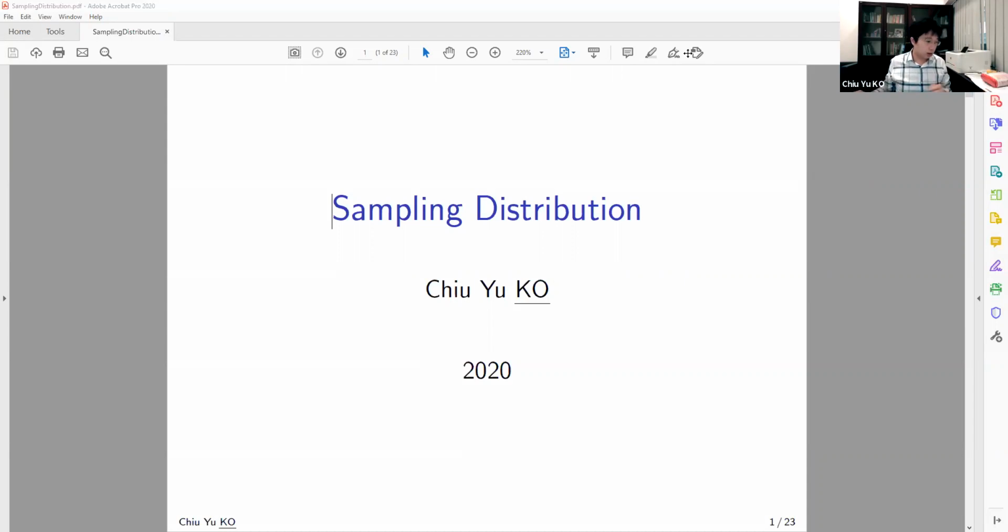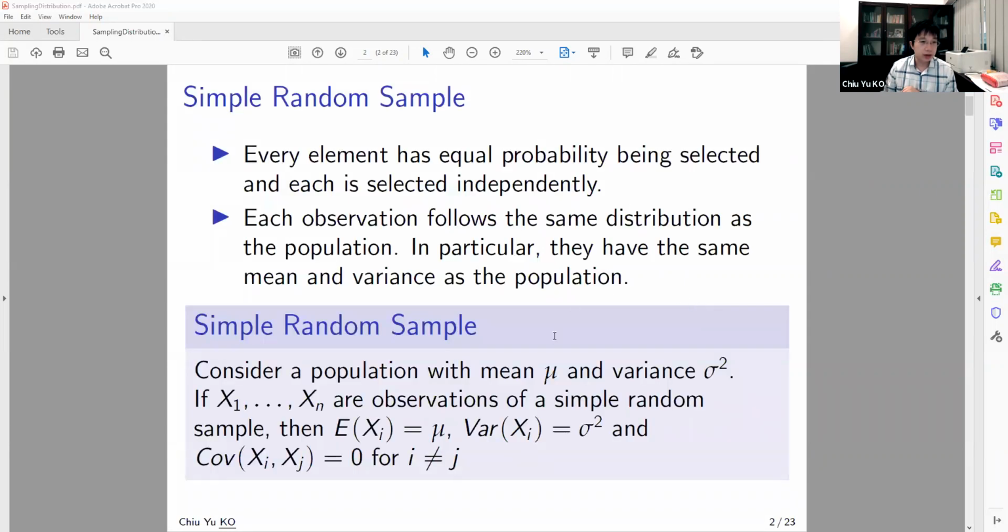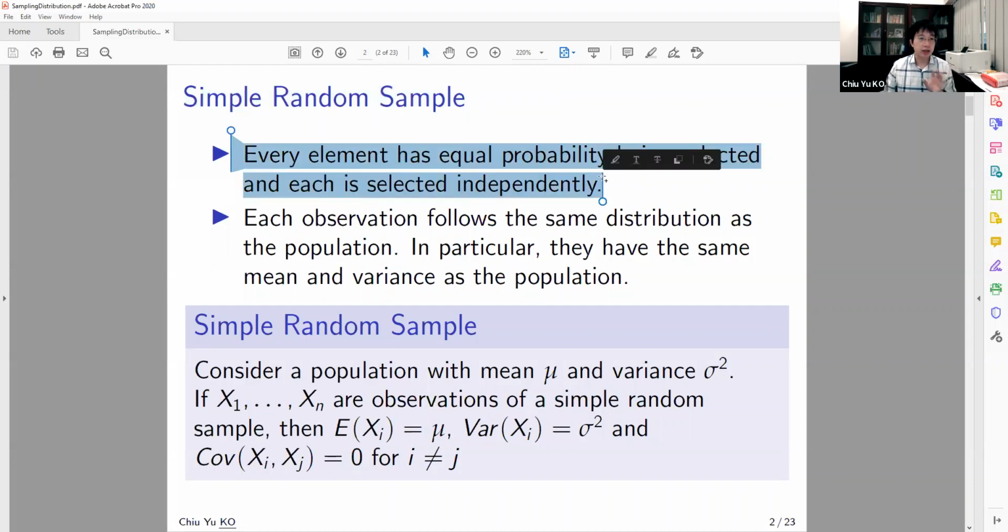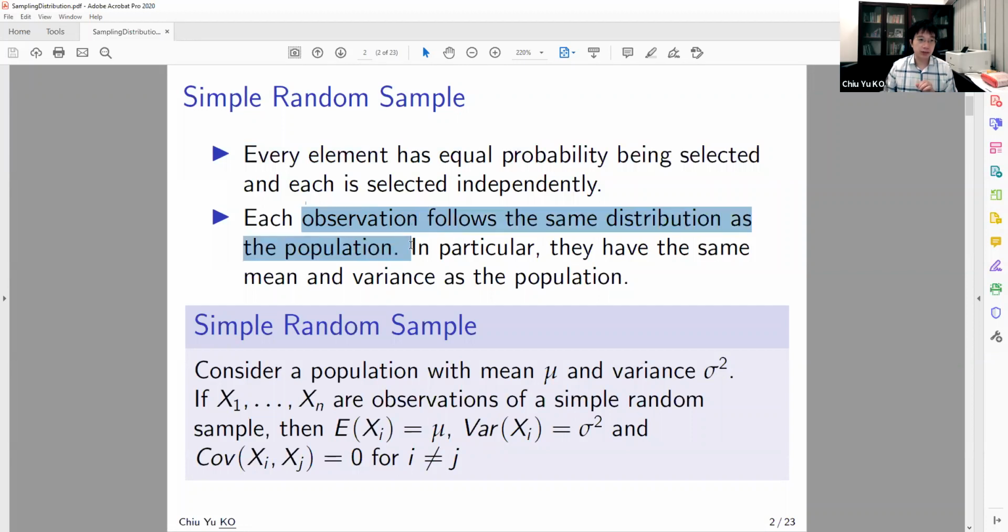So let's work on the sampling distribution. I guess we will finish all of it, or if not, then just leave 1 or 2 pages. To review a little bit, the simple random sample. Can you see my slide? Yeah. It means each has equal likelihood of being selected, and each observation has the same distribution as the population, the same mean and same variance.